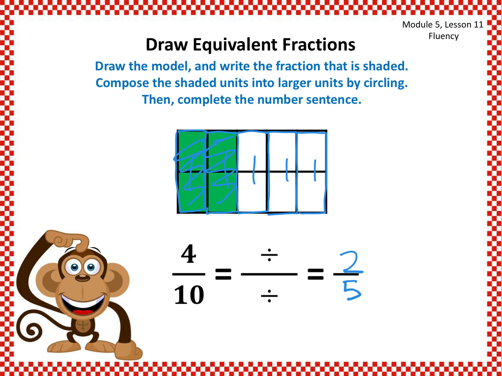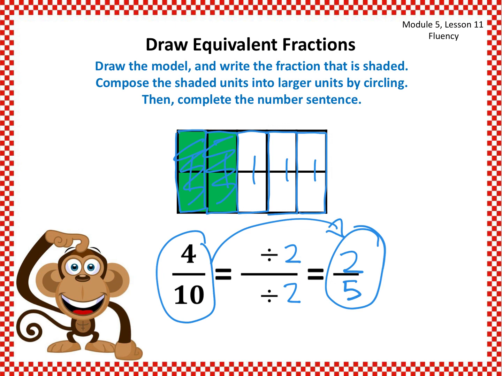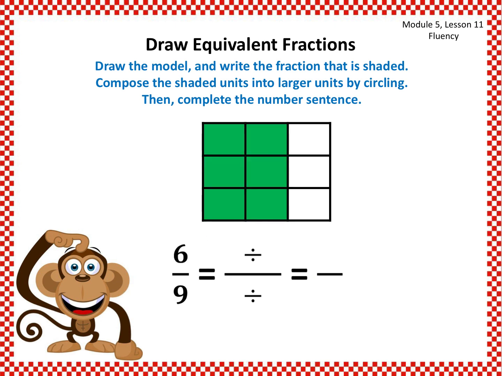Okay? All right, so what did I divide by? Well, I divided by 2. 4 divided by 2 is 2, and 10 divided by 2 is 5. So 4/10 is equivalent to 2/5.